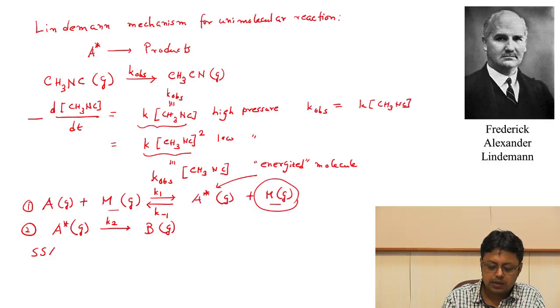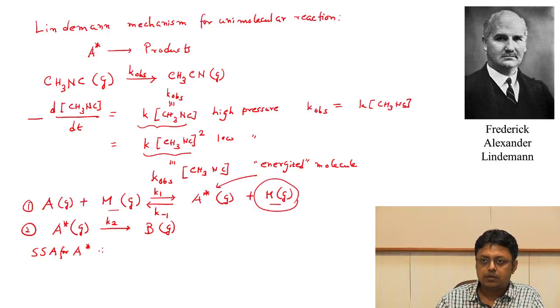I'm not solving it now because we have already shown you how. You just have to take d A star dt, equate it to 0, and then you can easily figure out the rate of the reaction.